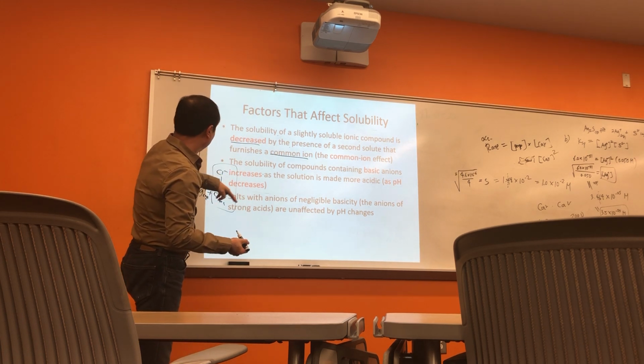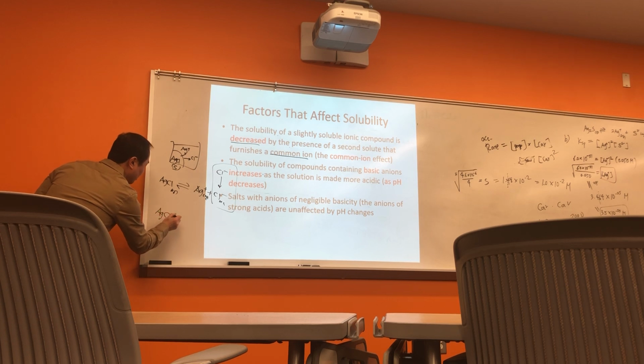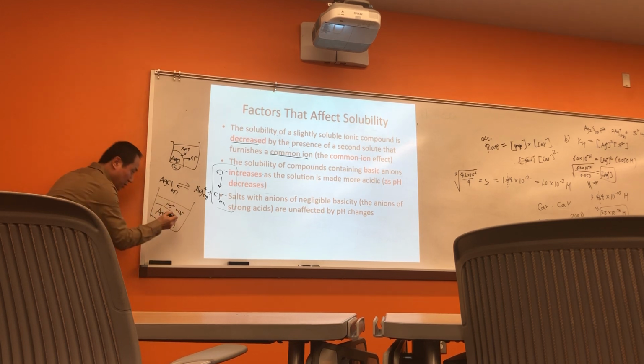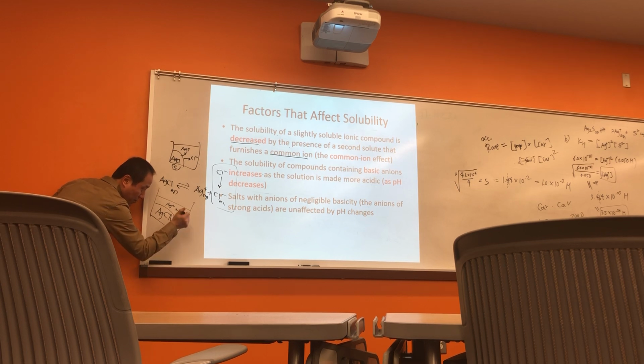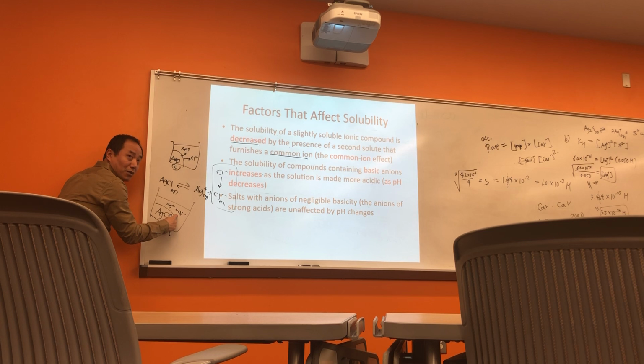On the other hand, let's say I have AgCN dissolved in the same situation. This is CN minus, cyanide. This is the conjugate base of a weak acid.